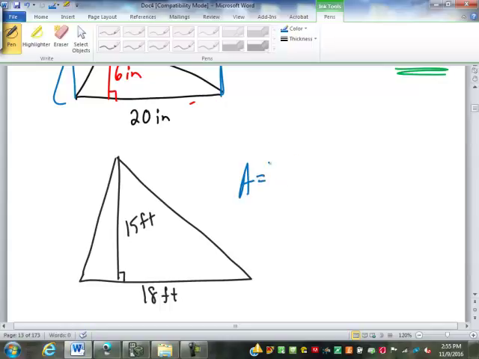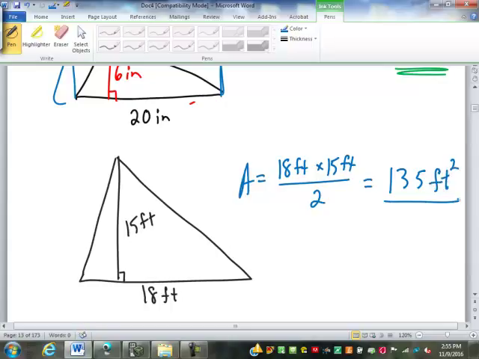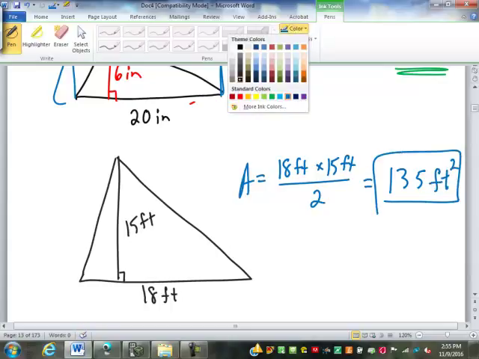So the area of that is going to be found base times height, 18 feet times 15 feet, divided by 2. 18 times 15 divided by 2 is what? 135, and of course, feet times feet is feet squared, square feet.